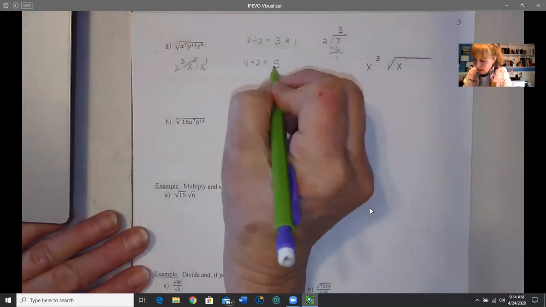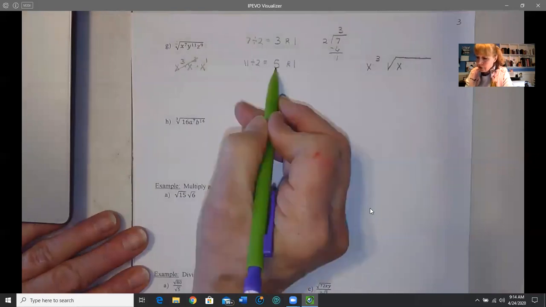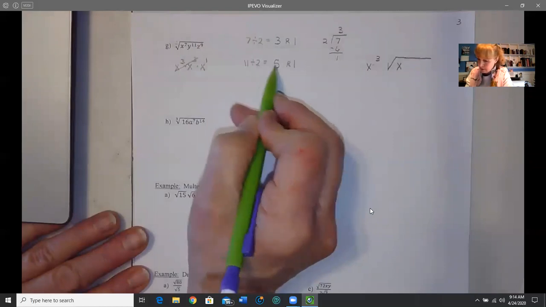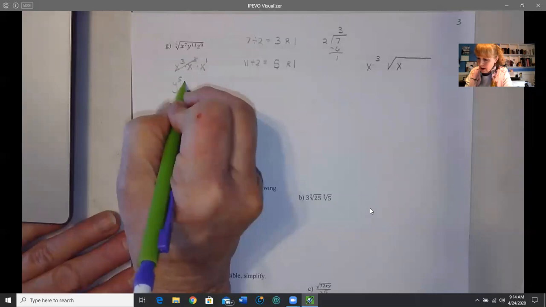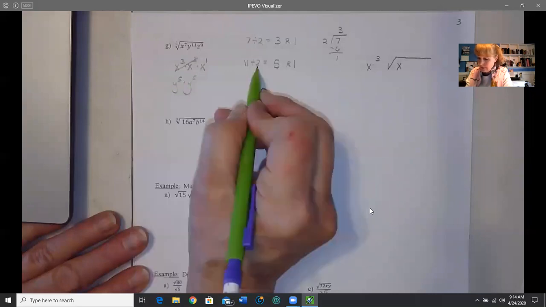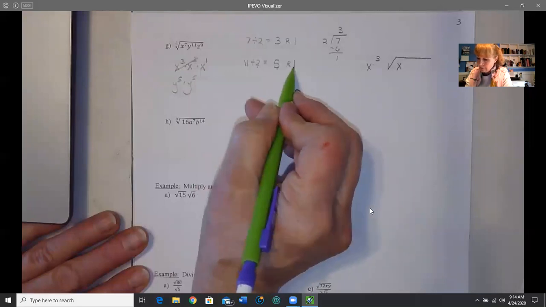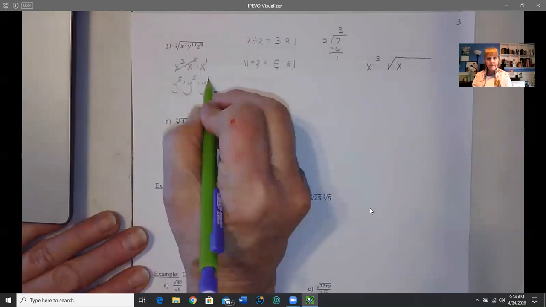That leaves you 10 with the remainder of 1. So I have 2 y to the 5th, y to the 5th times y to the 5th. I have 2 of those, and I have 1 y to the 1st left over. That remainder is the exponent there.